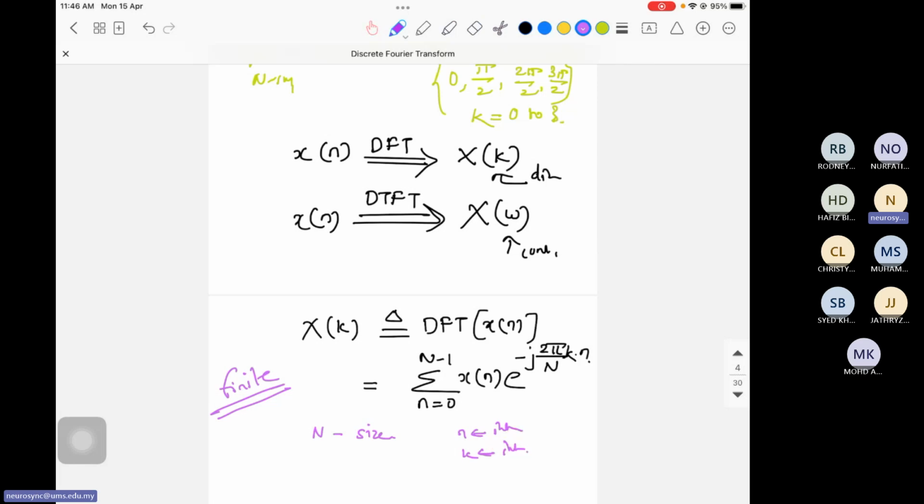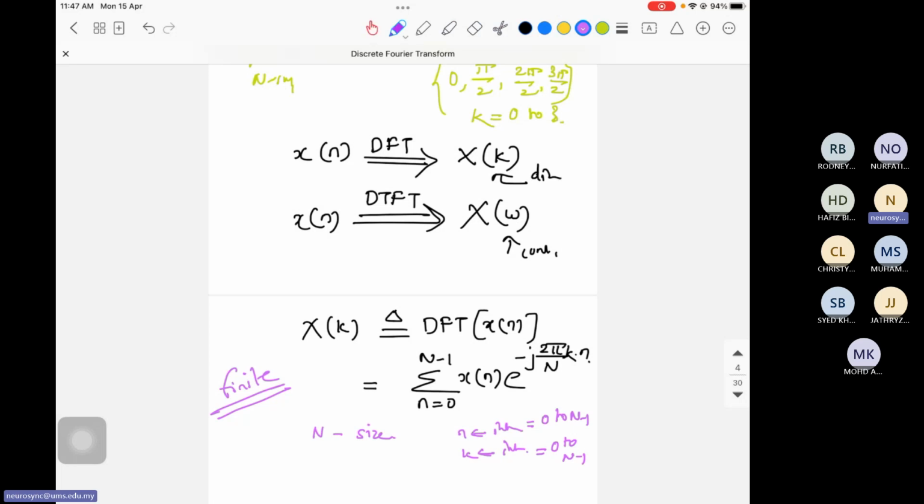Now here, instead of omega, what have we written? This is the discretized omega, 2 pi by capital N into k. Again, this k will go from 0 to N minus 1, and this n also goes from 0 to N minus 1.